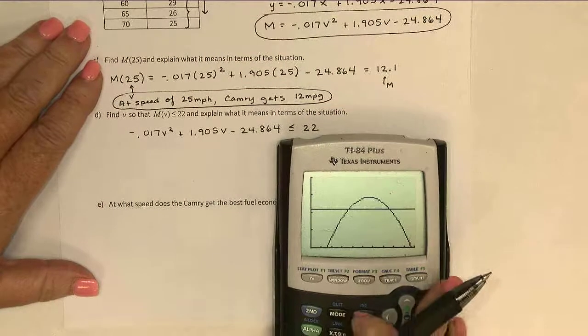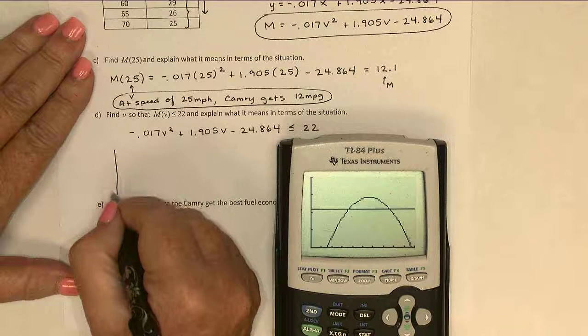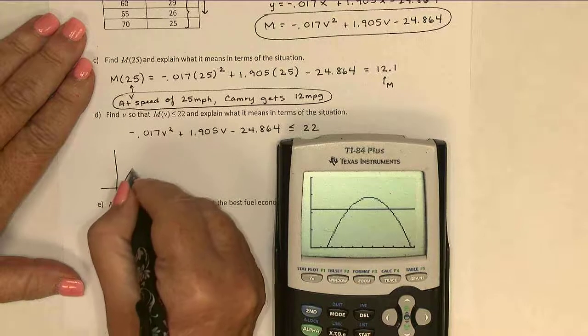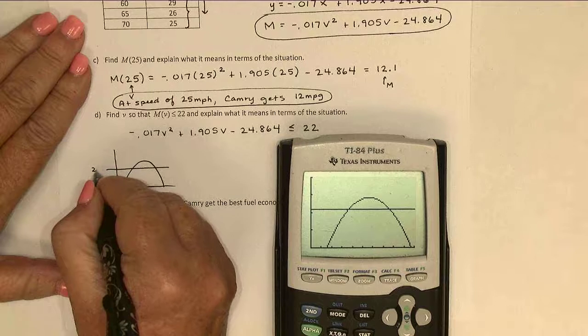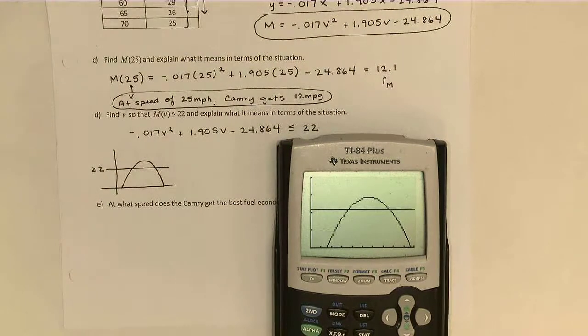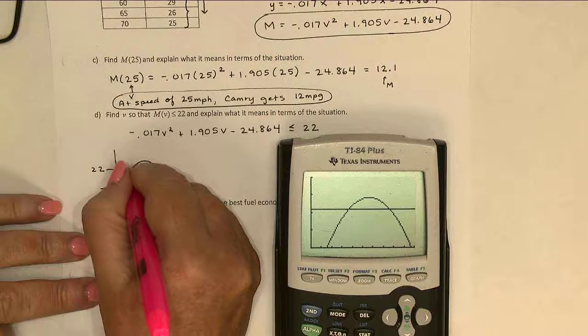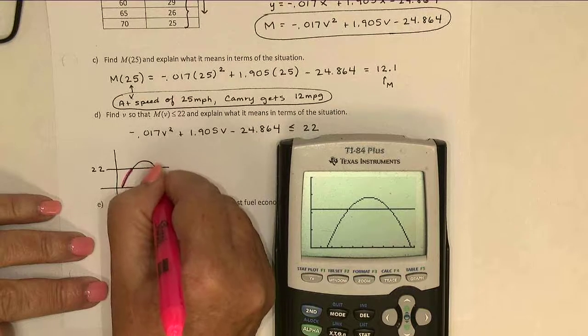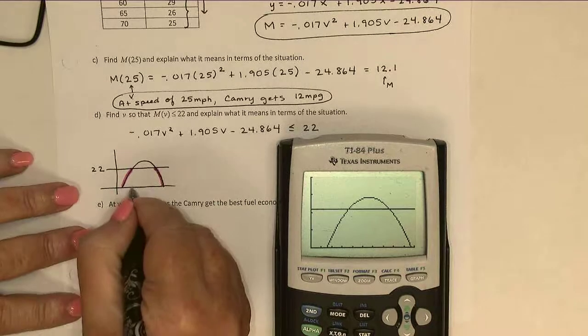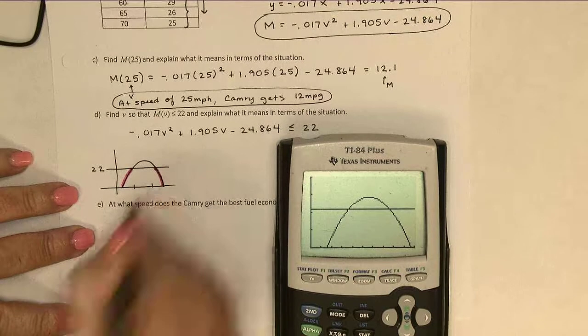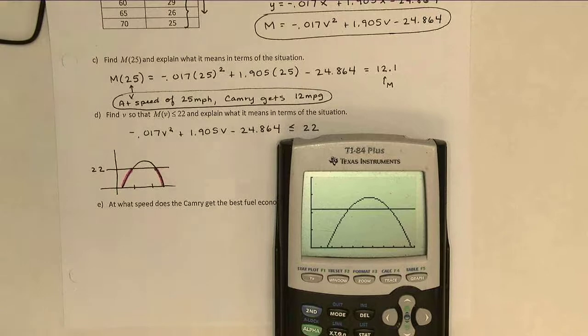Let me sketch what I see. If I want to know when the m is less than or equal to 22, I'm looking for the parts down here. So let's use the calculator to get the x values at the intersection point.